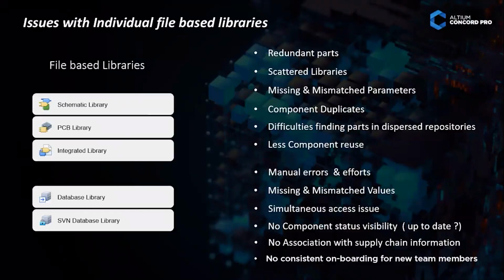So instead of wasting the time, they used to create it again. Some people will create it, and while creating the part, there might be missing parameters, like we forgot to enter some parameter value, or some forgot to add the parameters, or mismatching parameters, and the component reuse is very less. We cannot use the same component, because again we have to search whether the footprint is already available or not.